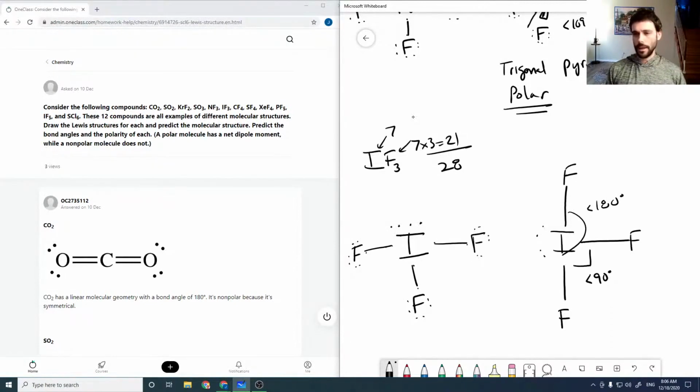There will be a net dipole towards the fluorines. These two will cancel, but there will be a net dipole that won't cancel here. So this will be polar. And the molecular structure is T-shaped.